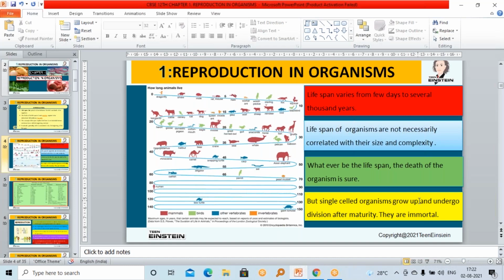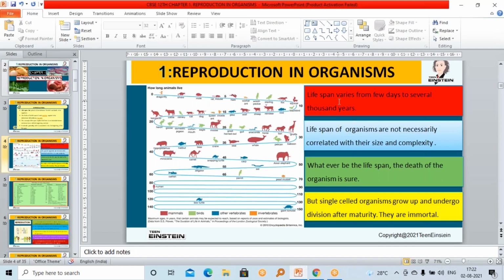But there is no death. There is no death of that parent cell, right? But it will continue its life as the daughter cells. That is what happens in the case of a single cell. There is no proper death. That individual parent cell will divide into two daughter cells and continue the life.